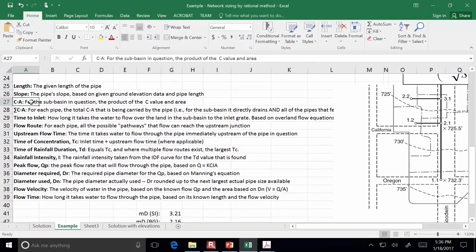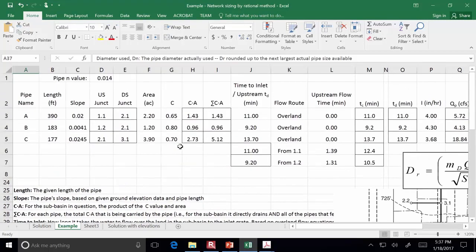When you are going through this again later as you're preparing for the homework assignment, I hope that the structure in the handout I've given you and these row explanations will be enough to allow you to calculate the problems. And if you look at the handout I've given you for the assignment, the first problem is just 2 pipes. The next one has 3 pipes. So the network is about the same in complexity as what you're looking at for the example.